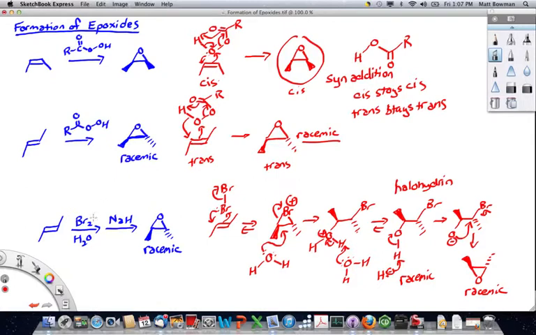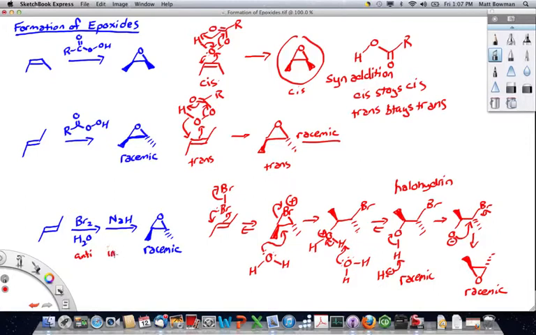And even though in the first step you add the Br and the OH anti to each other, the second step has to go through an anti-coplanar relationship between the oxygen and the bromine, and so it ends up switching the stereochemistry on one.